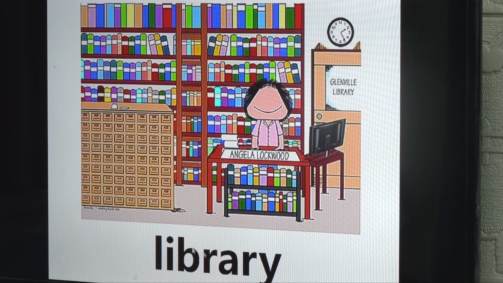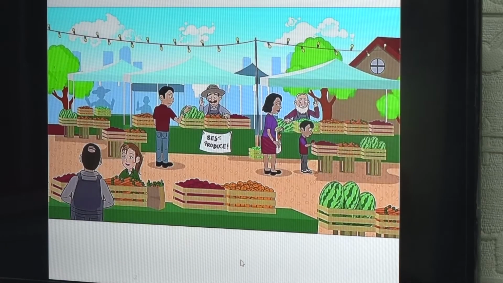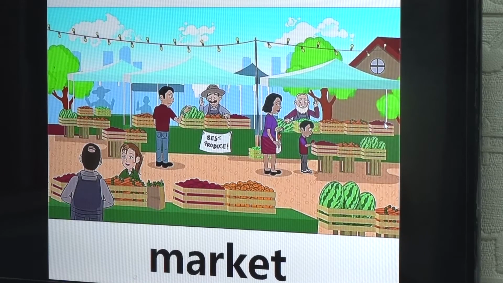Library. After library, what place is it? It's a market, where you can buy lots of different things. Let's spell MARKET. Market.